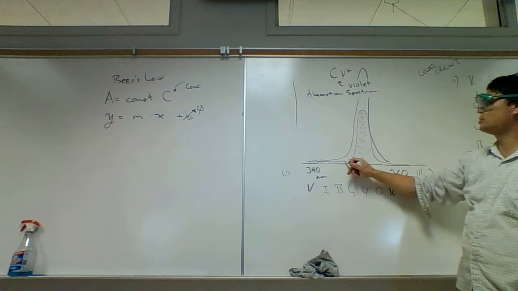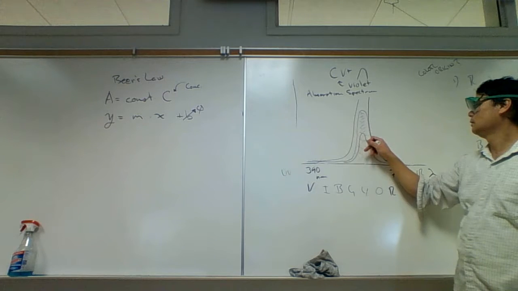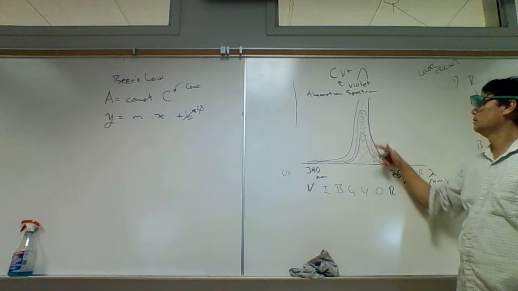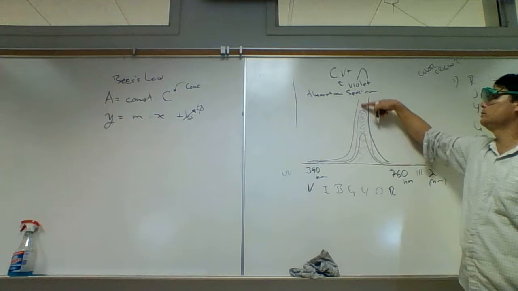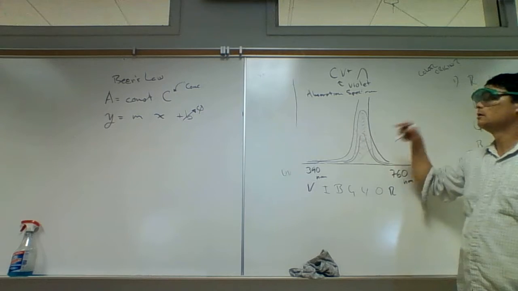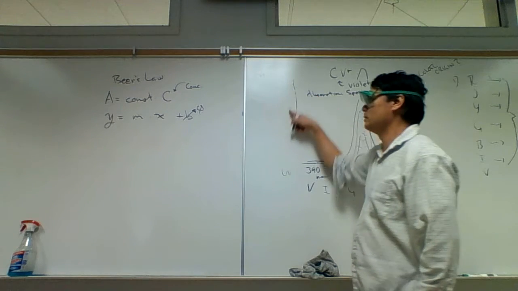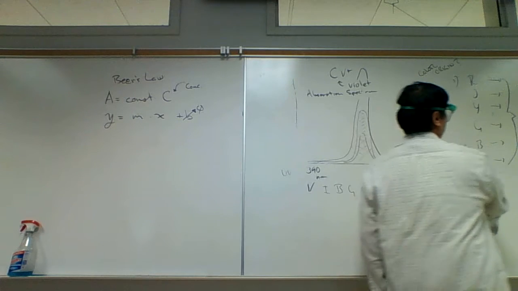If I cut the concentration in half, the peak should decrease by half. And so this peak grows or shrinks depending on the concentration, because the absorbance is going to grow or shrink.